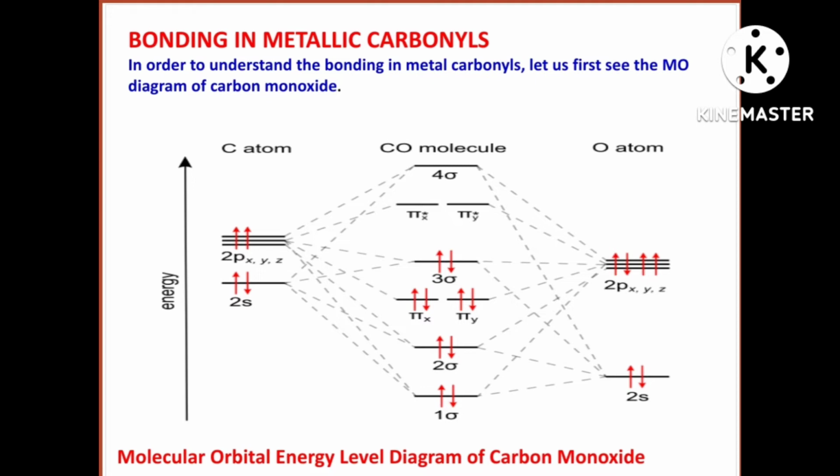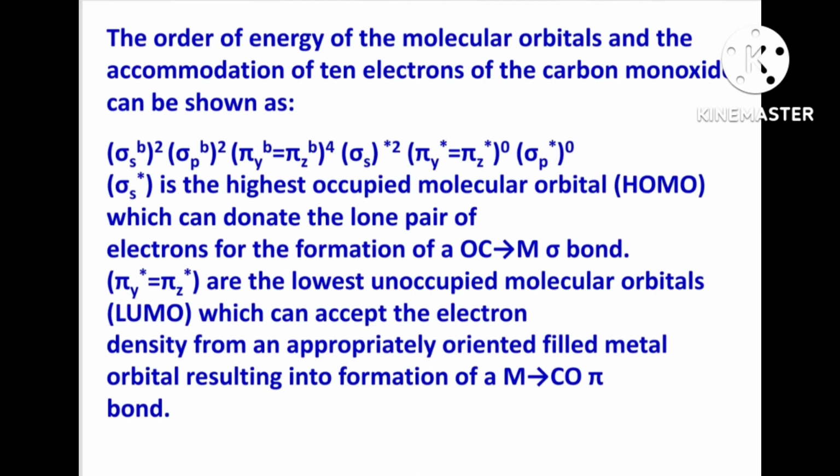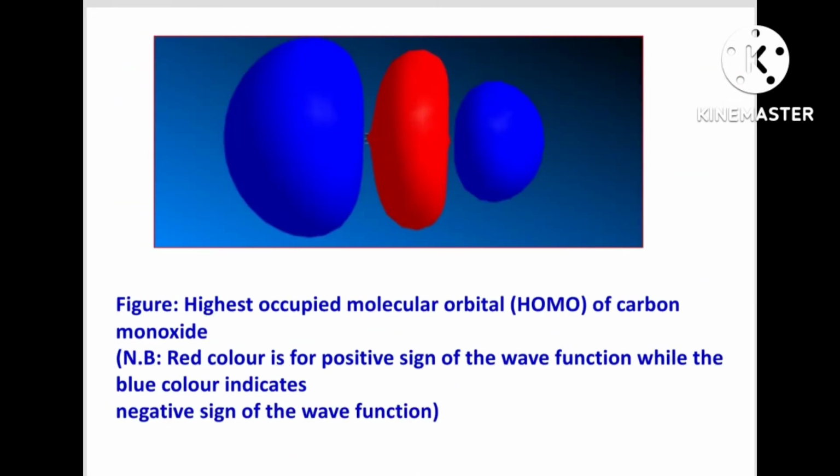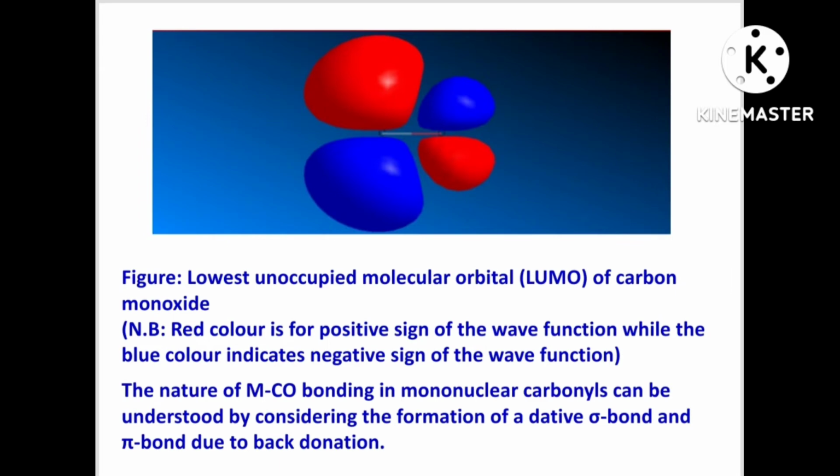The 5 star orbitals are the lowest unoccupied anti-bonding molecular orbitals, so that's why these are known as the LUMO orbitals. Here in this picture we can see the HOMO orbital of carbon monoxide, and in this picture we can see the LUMO orbital of carbon monoxide.